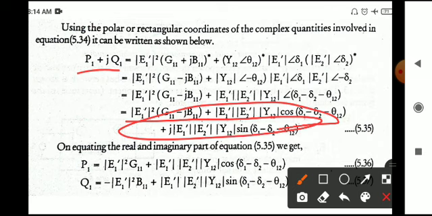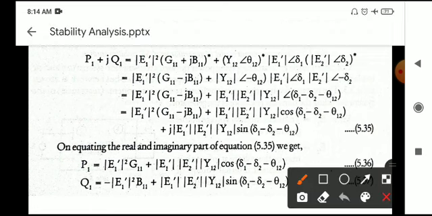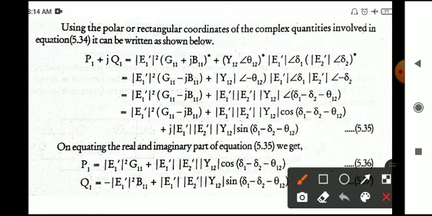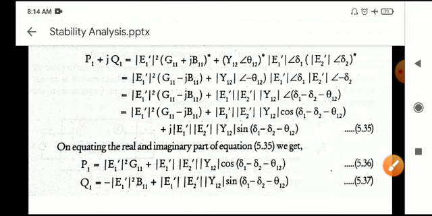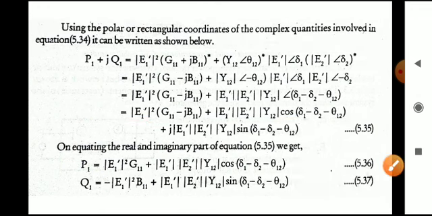The real term on the right hand side is mod E1 dash square into G11, and the second real term is this term. So P1 is equal to mod E1 dash square into G11 plus mod E1 dash into mod E2 dash into Y12 into cos of delta 1 minus delta 2 minus theta 12.